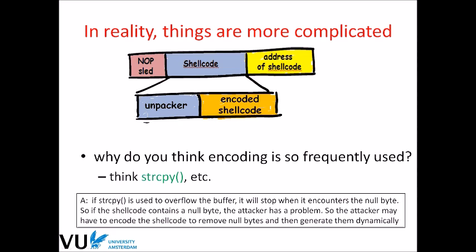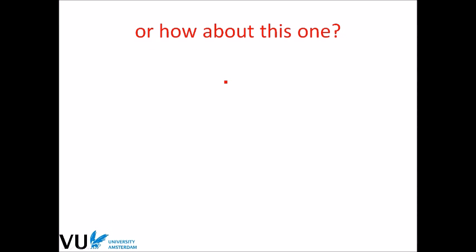So we dynamically generate the nulls that we need, because we cannot have them in our shellcode as we deliver it to the program, to functions like strcpy. So we need to patch our shellcode dynamically. Patching is another way of doing unpacking, right? We're unpacking it by adding the zeros, the nulls that we need.